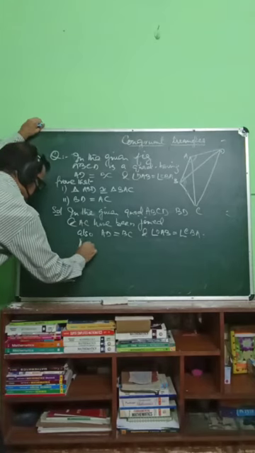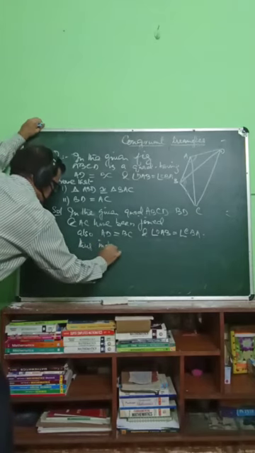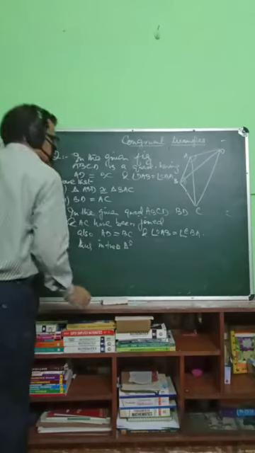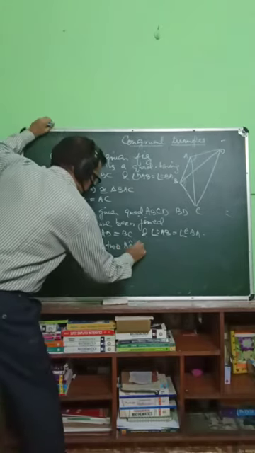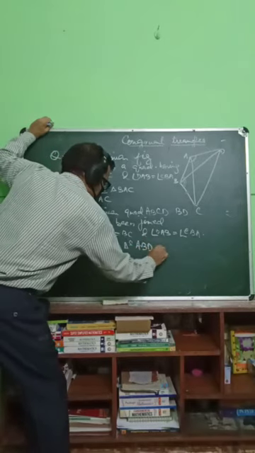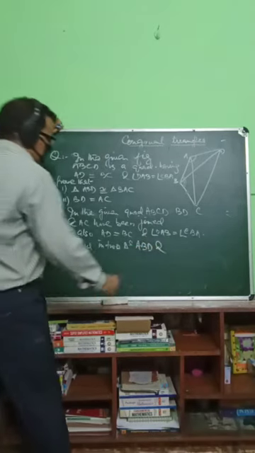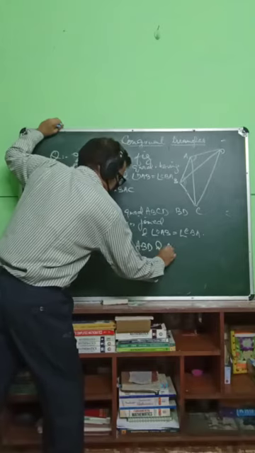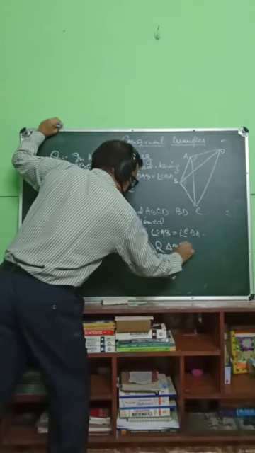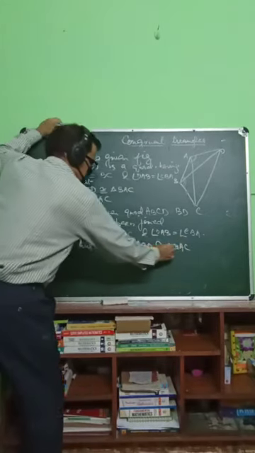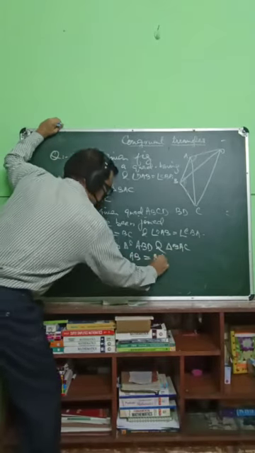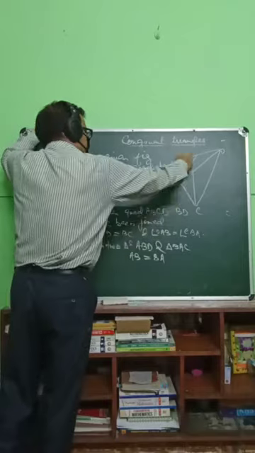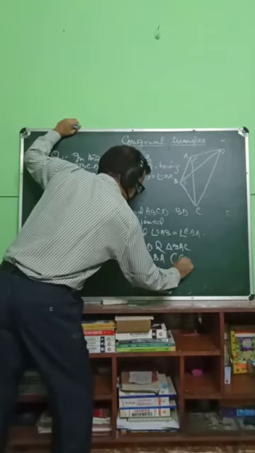Thus in two triangles, which two triangles? In triangles ABD and BAC, AB is equal to BA, it is common.